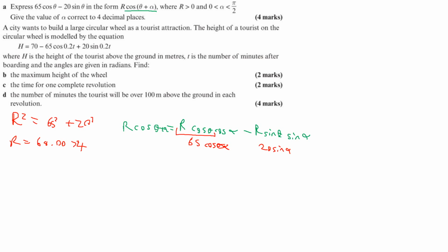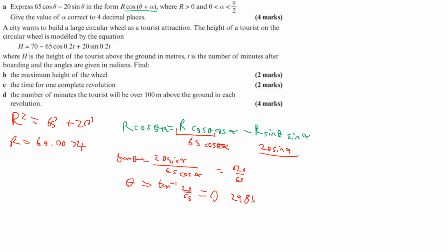So all we need to do then is we know that tan theta is going to be sine over cos, which is going to be 20 sine alpha over 65 cos alpha, which is 20 over 65. And so theta is equal to the inverse tan of that, which is equal to 0.2985.